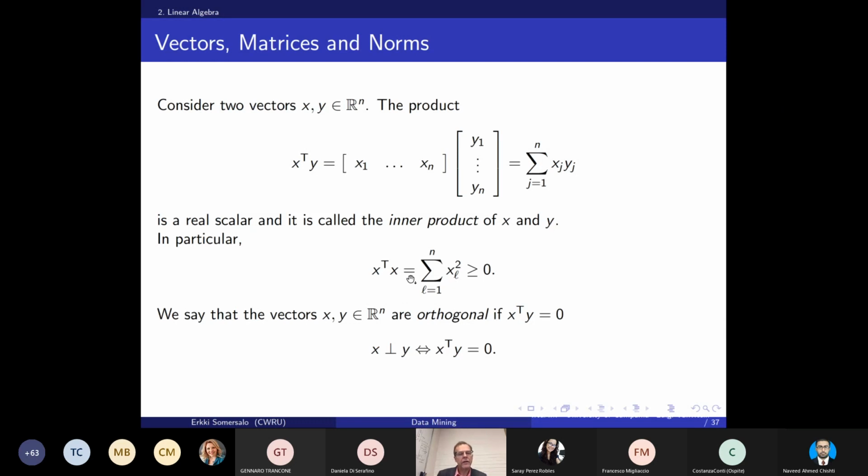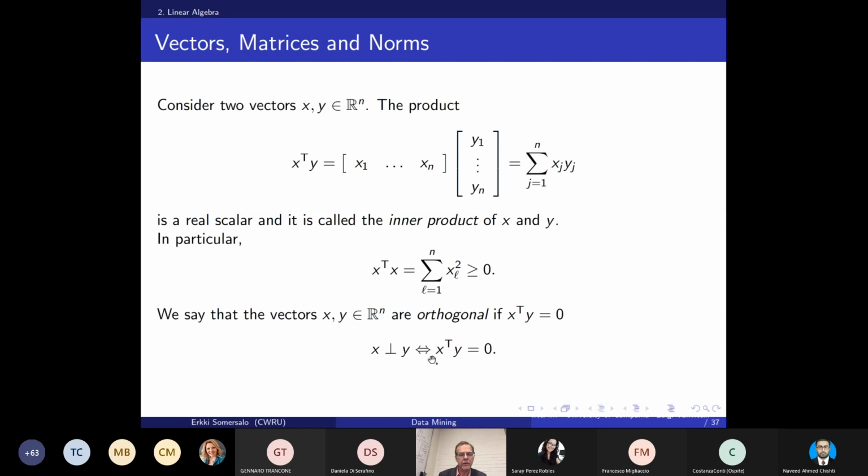Then the important concept, which is a geometric concept and a generalization of what you observe just by looking at vectors in R3 or R2, is that we say two vectors are perpendicular if their inner product is 0.